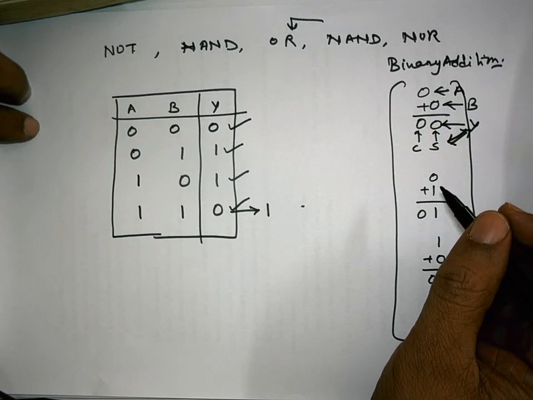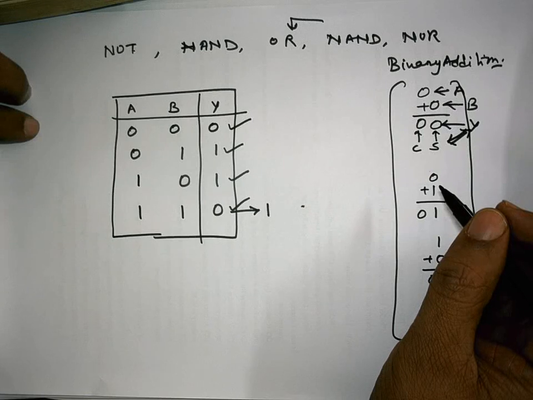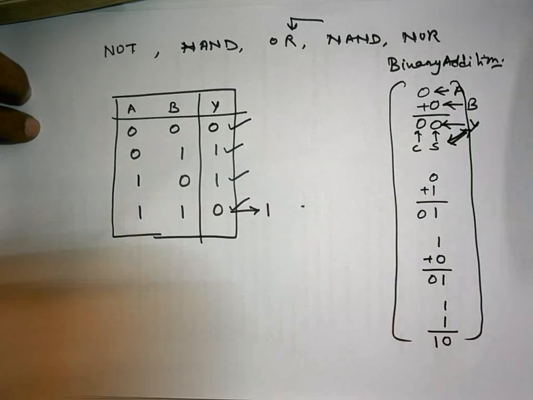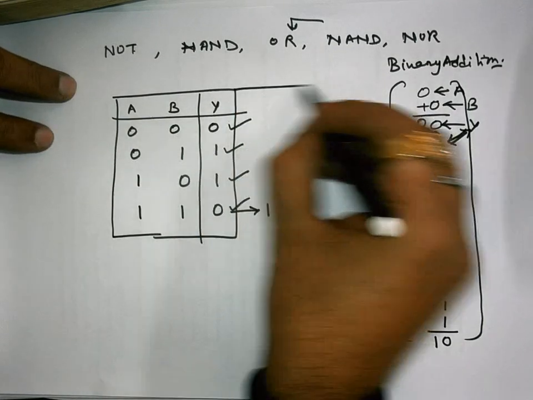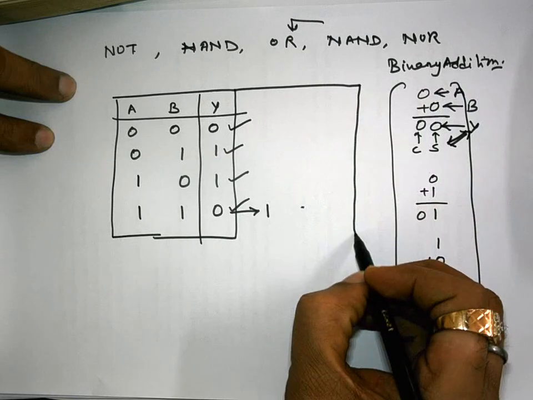So this kind of gate is called the exclusive OR gate. It exclusively shows the OR function for some inputs, and for other inputs it does not show the OR function.